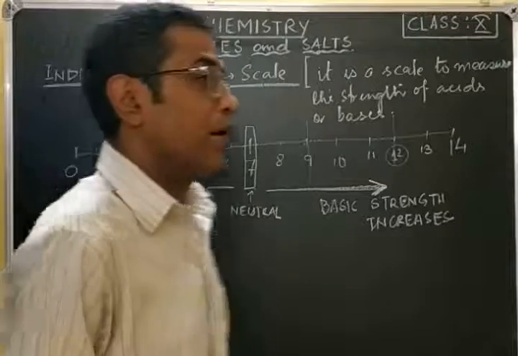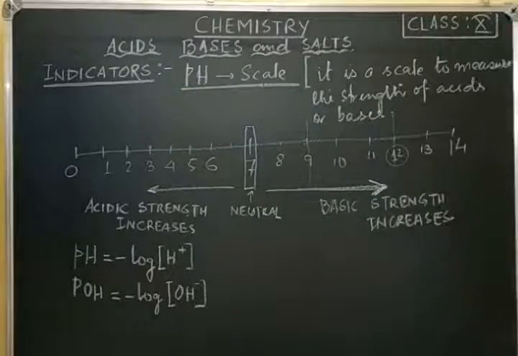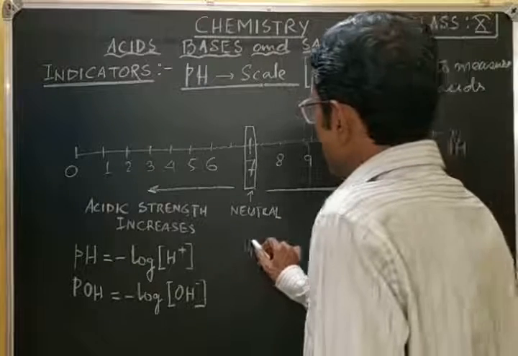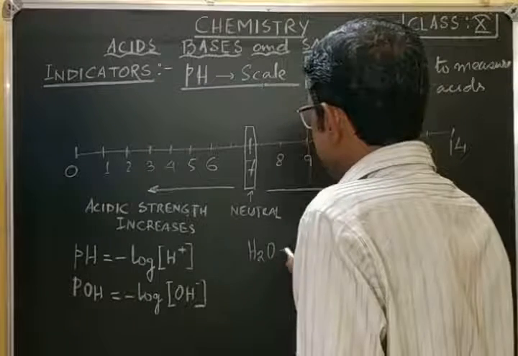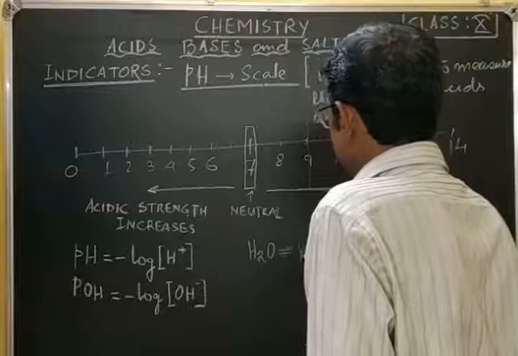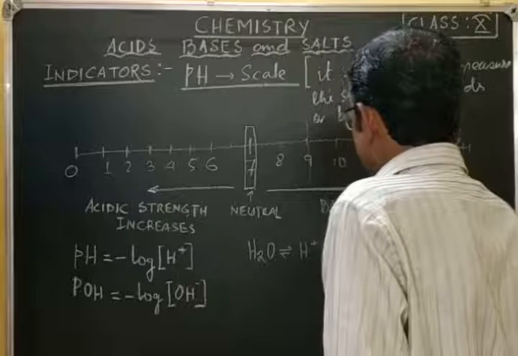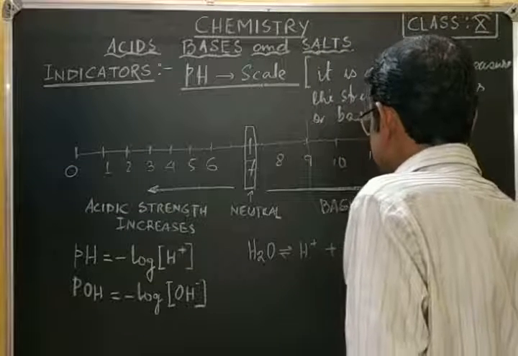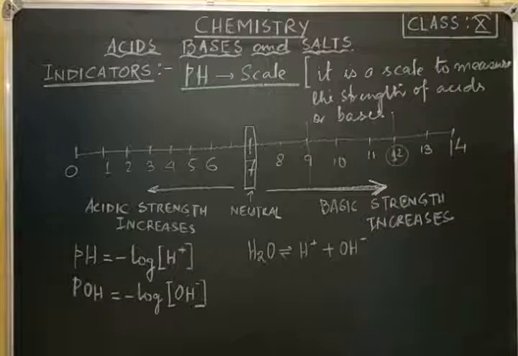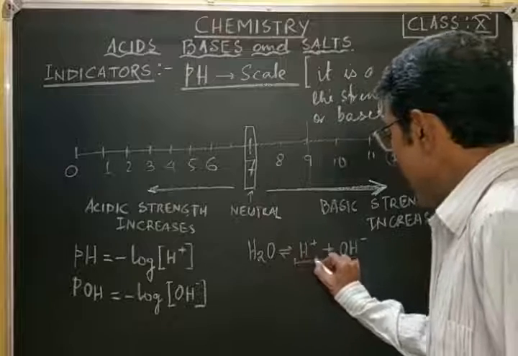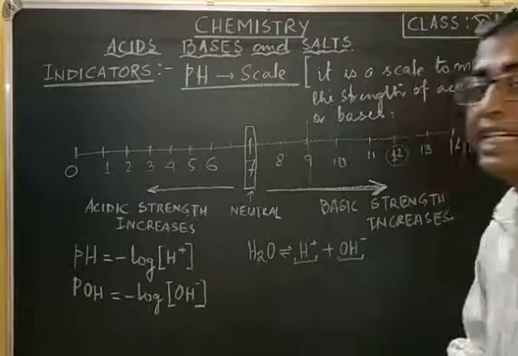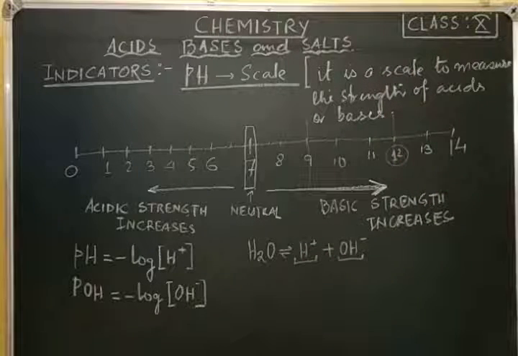So remember, when we take water as the standard solution, water dissociates into H plus and OH minus. Now see, remember the concentration of both H plus and OH minus is 10 to the power minus 7 at 25 degrees Celsius.